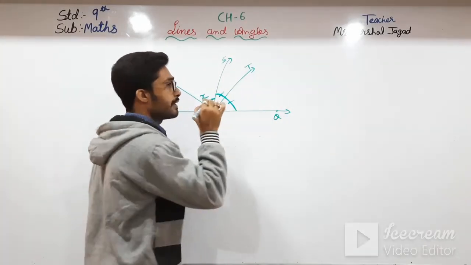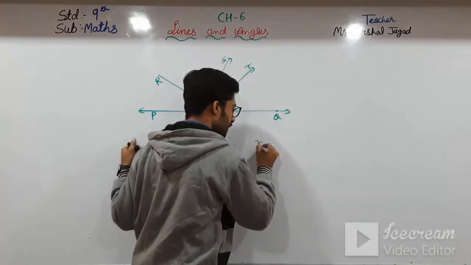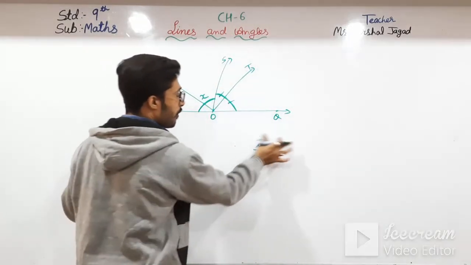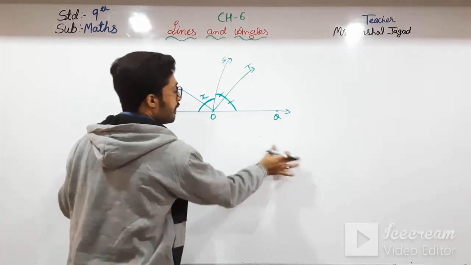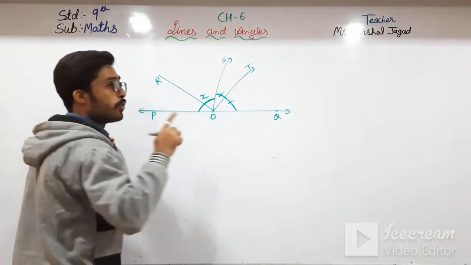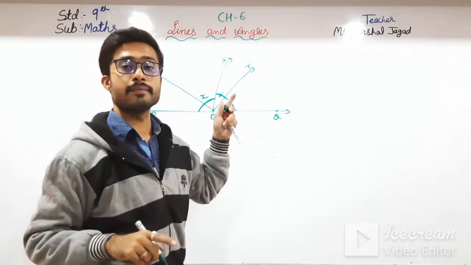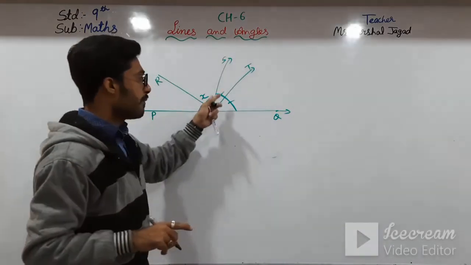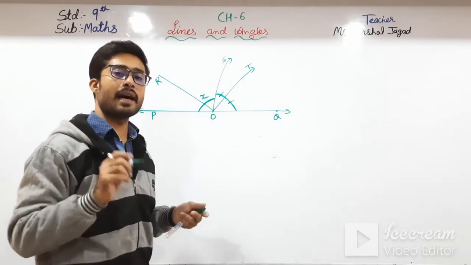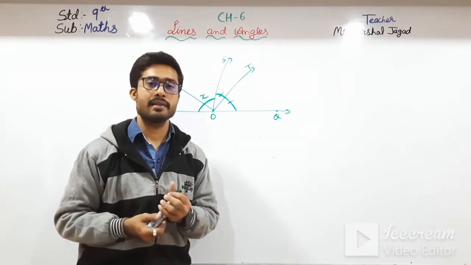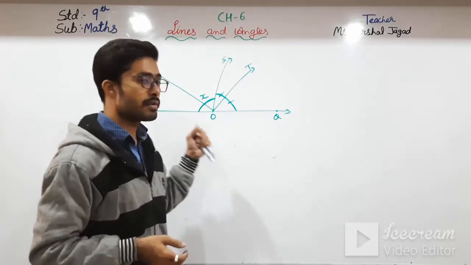Then we have to divide by 2, then we will get the answer. So first of all, try this sum at your home. Okay students, and in the next video we will see the full sum.